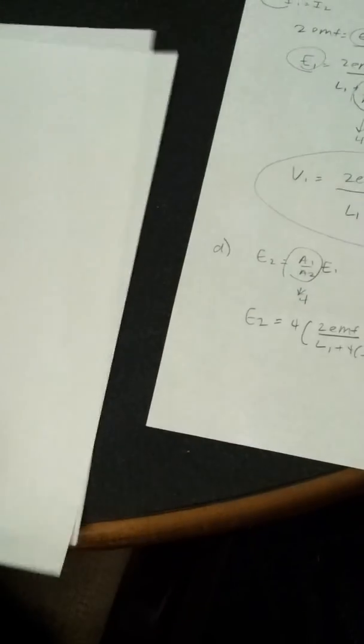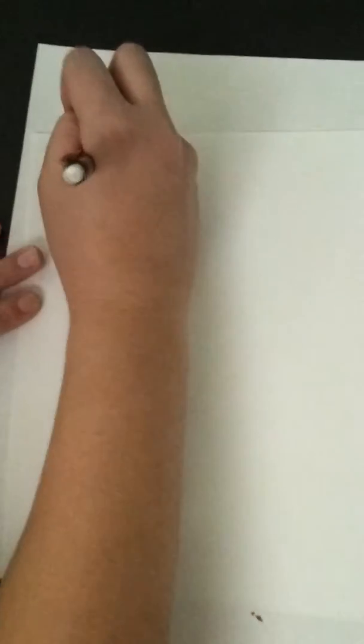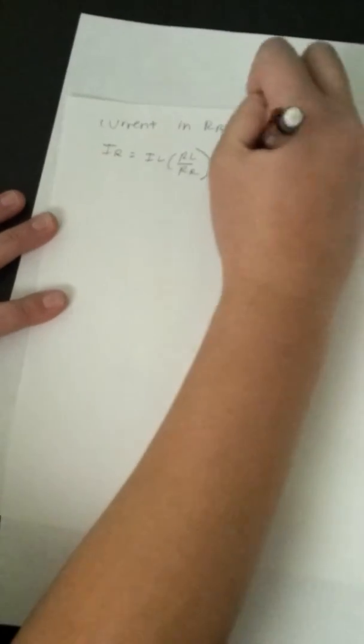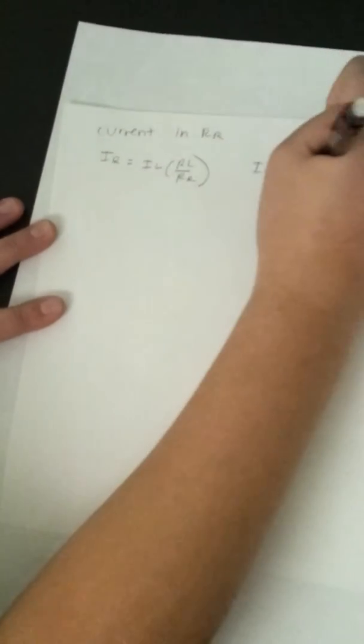And finally, part E asks to determine the current in the resistor on the right, RR. So we're going to use our relationships. IR equals IL times RL over RR, which we determined in part C. And then IL equals I2 minus IR.